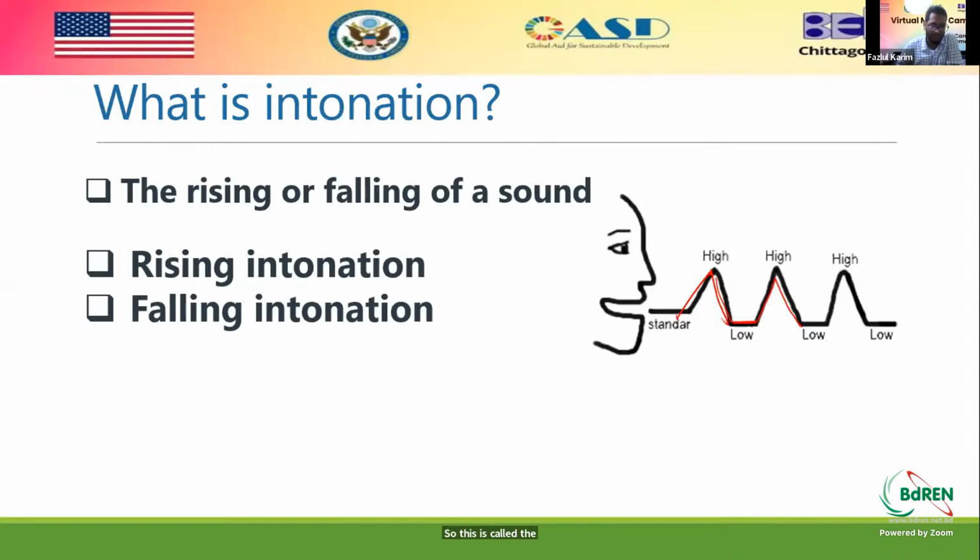actually signals that the speaker has not finished speaking. So whenever there is rising intonation, the speaker is speaking and it is not finished yet. But whenever there is falling intonation, the speaker signals the end of a statement.